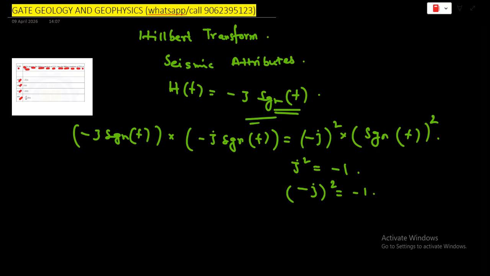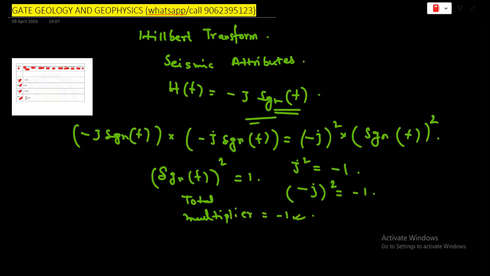And sgn squared is always 1, because 1 squared is 1 and -1 whole squared is 1. So the total multiplier is -1.